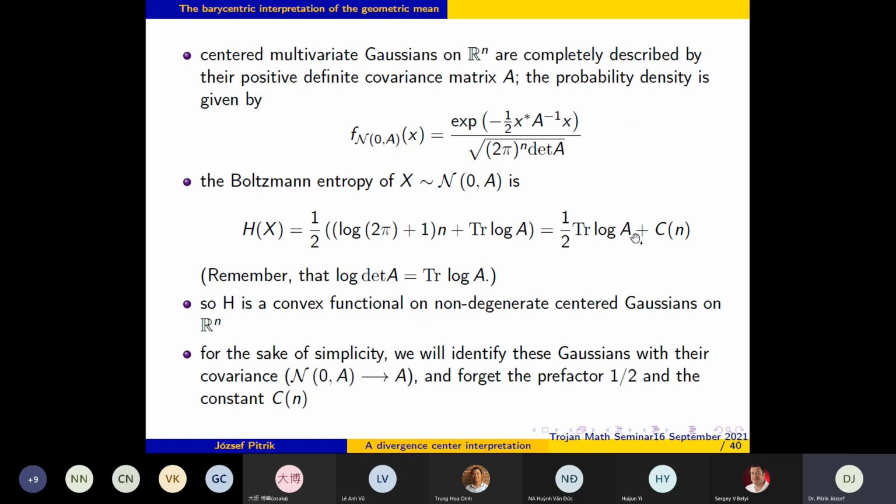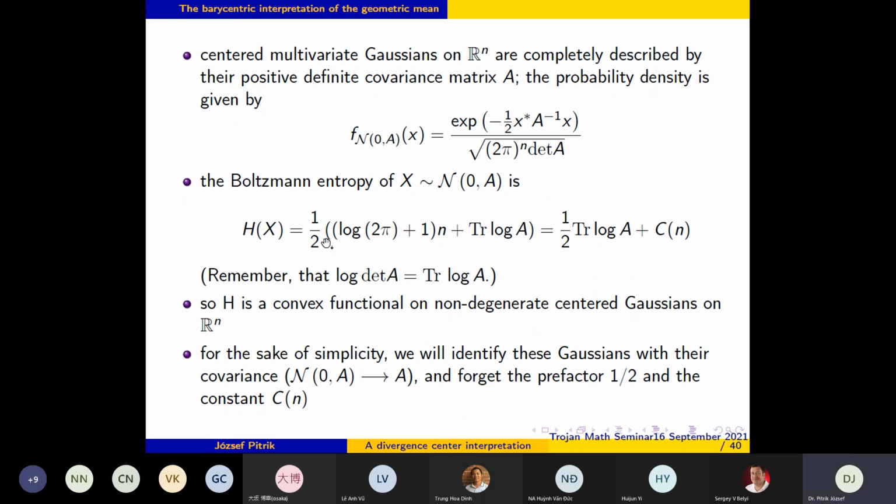or Gaussians. Indeed, if we consider centered multivariate Gaussians, centered means that they have zero mean vectors. They are completely described by their positive definite covariance matrix A, and the density function of these Gaussians is given in this well-known form. And it's not too hard to compute the Boltzmann entropy of these random variables.